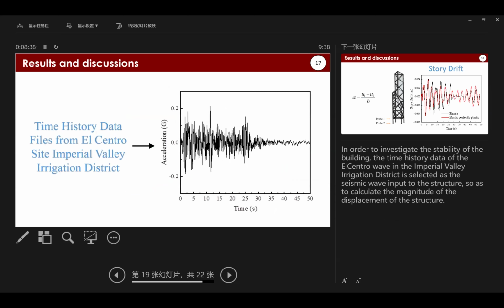To investigate the stability of the building, we use the history data of the Alessandro wave from the Imperial Valley Irrigation District as seismic input into ANSYS, and we analyze its acceleration, and we integrate it, and we get the velocity, and we only input the velocity into ANSYS.